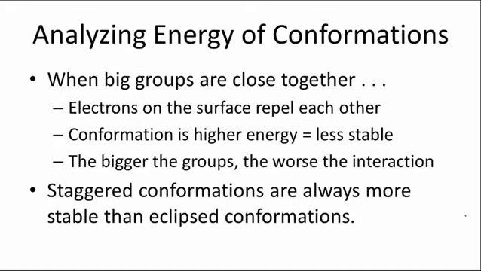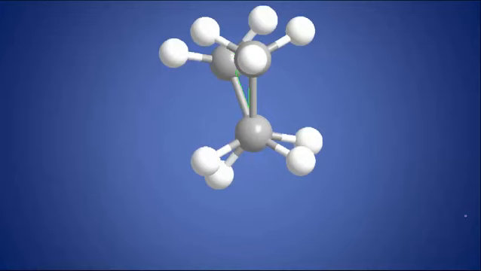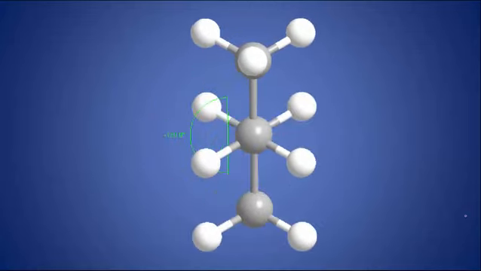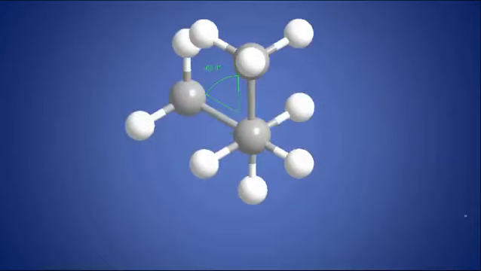All right, so staggered versus eclipsed, staggered is always going to be better. If we go back and look at this molecule, there are still several different kinds of staggered conformations we could have. We could have this staggered conformation where the two methyl groups are as far apart as possible, or we could have this staggered conformation.